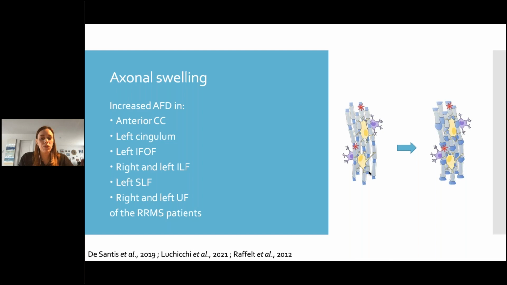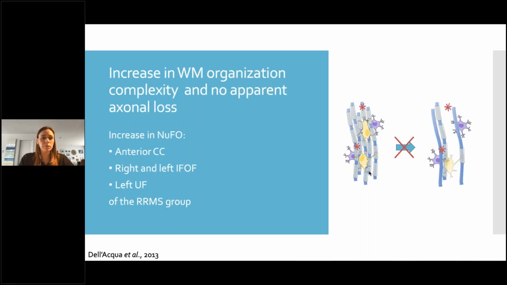The fact that this metric was not decreased also indicates that axonal loss doesn't seem to be important at that stage of the disease. Finally, the number of fiber orientations, the NuFO, was increased in 4 bundles in the relapsing remitting MS group, indicating an increase in white matter organization complexity. As said before, there was no sign of significant axonal loss according to our results.